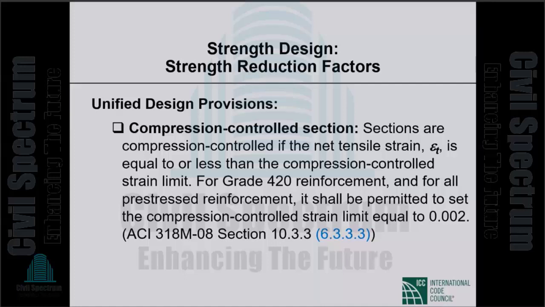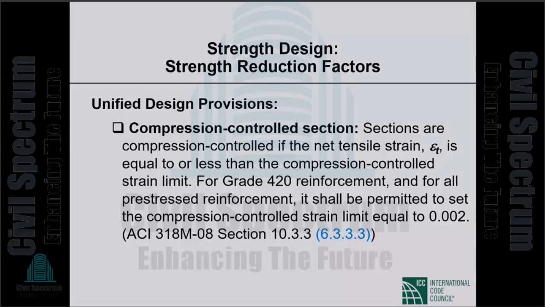For grade 420 reinforcement, that's grade 60 in our case, and for all pre-stressed reinforcement, very importantly, it shall be permitted to set the compression control strain limit equal to 0.002, the yield strain of grade 60 reinforcement. So when we talk about compression control strain limit, that limit is typically 0.002 if we are dealing with grade 60 reinforcement.